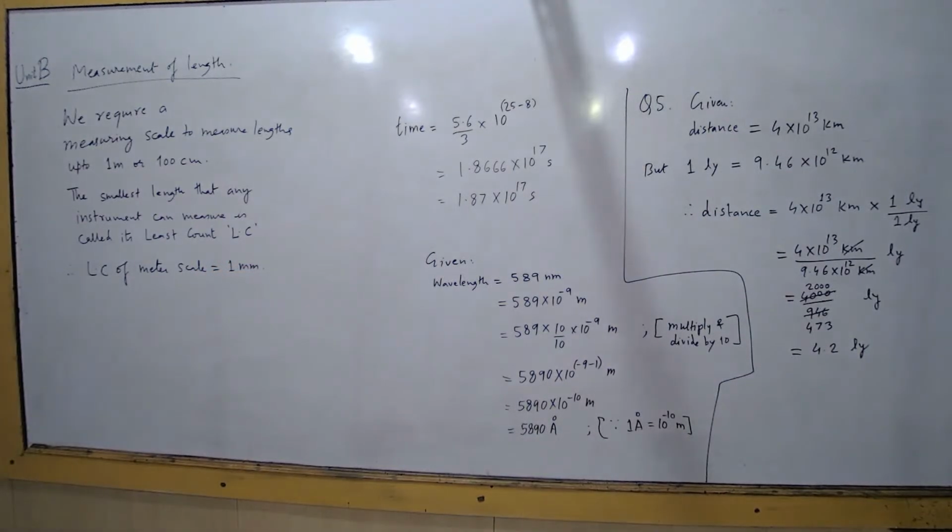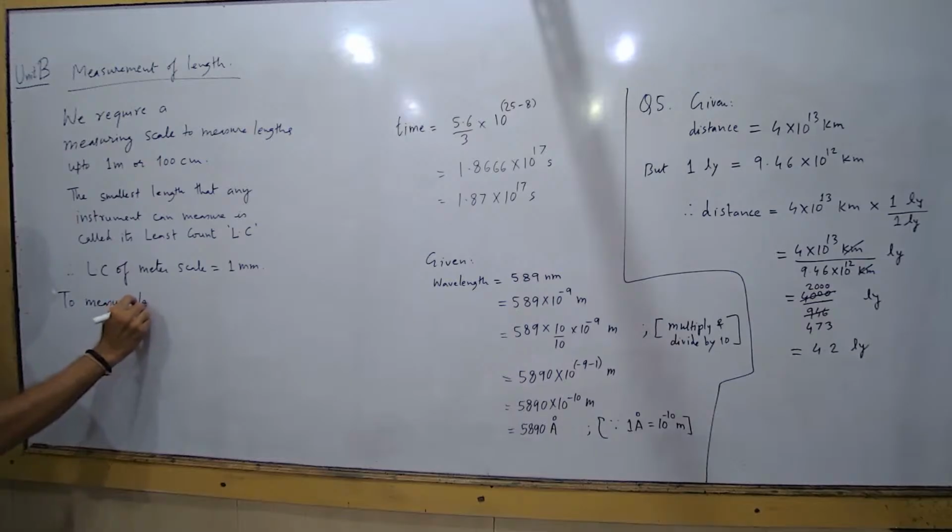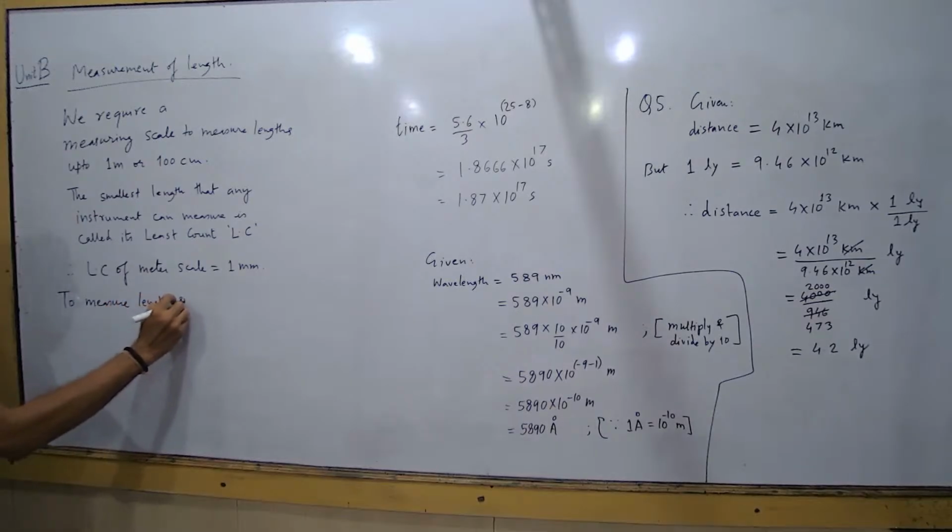So if I want to measure any length smaller than this, then I have to go for a different instrument, right? We have two instruments to measure lengths smaller than this.